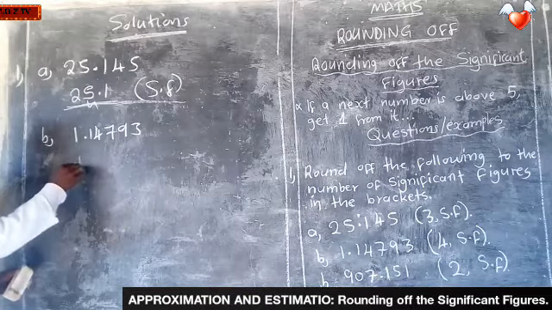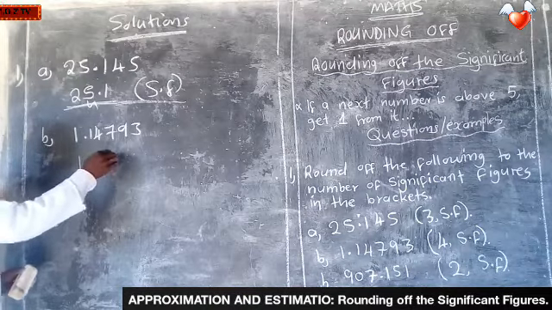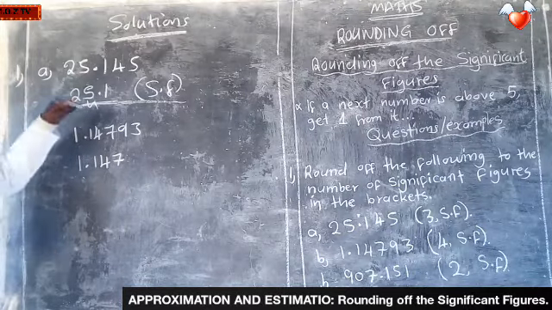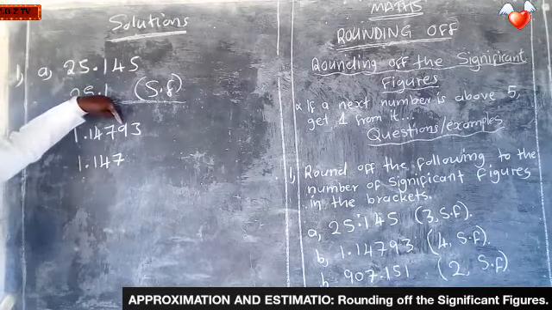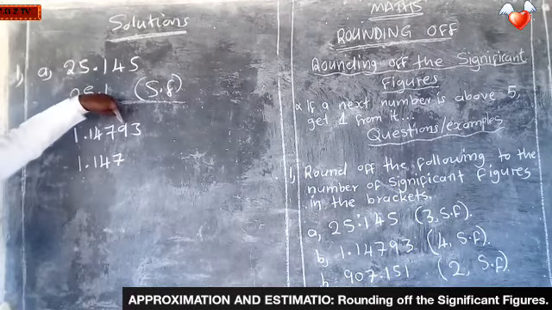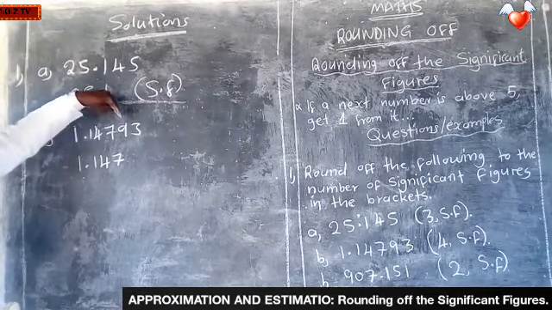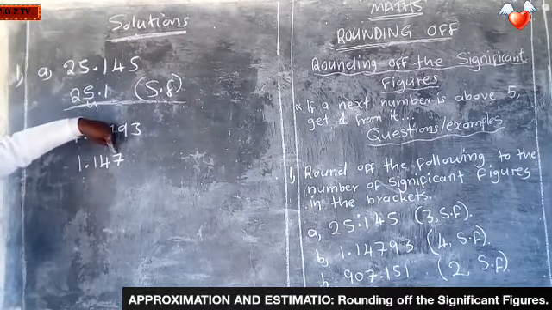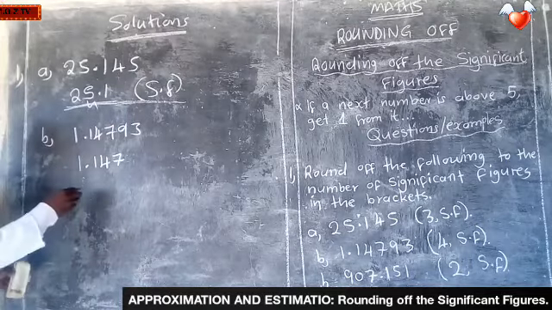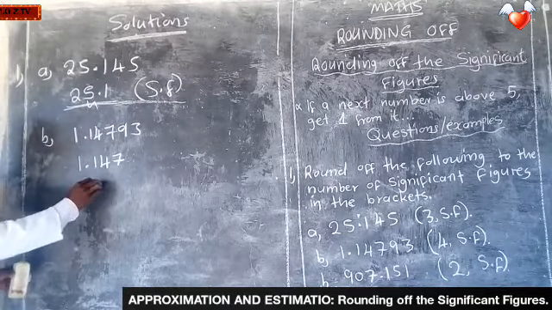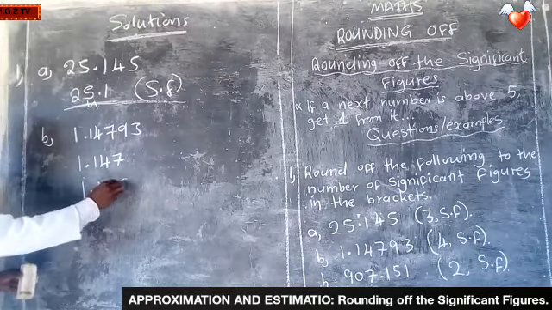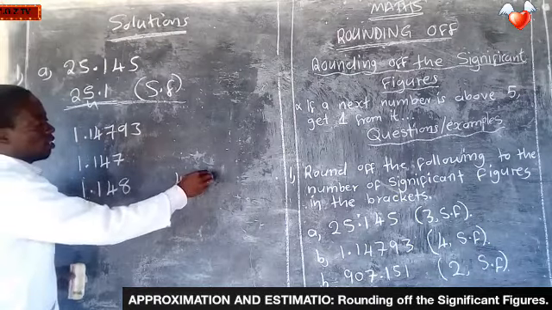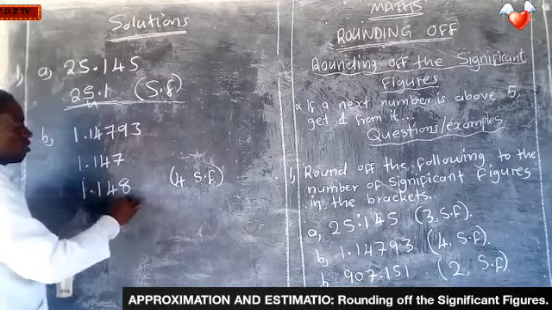So I have 1.417 and a 9. Then what happens now is to check the next number. Is the next number above 5 or below 5? If it is above 5, I get 1 from this number, then I add it to 7. My final answer will be 1.418 to 4 significant figures.